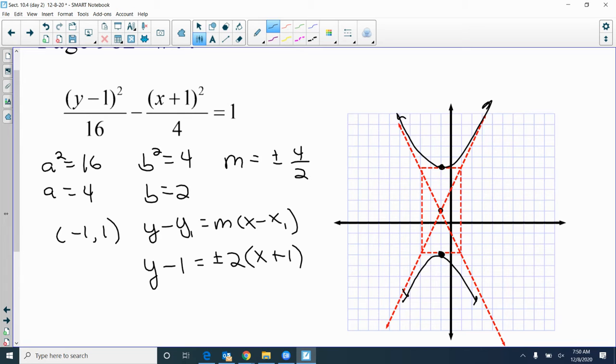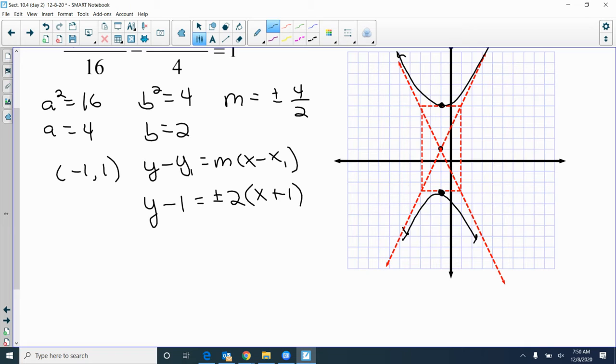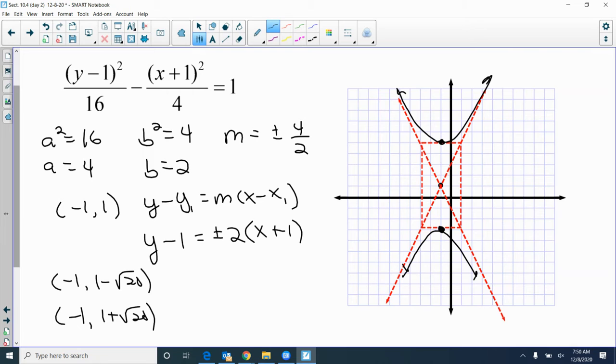Foci. What do you got for the foci in terms of the points? Peyton, what do you got there? I have -1, 1 minus radical 20, and then -1, 1 plus radical 20. So radical 20, it would be c squared equals a squared plus b squared.